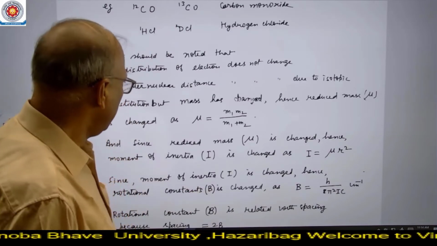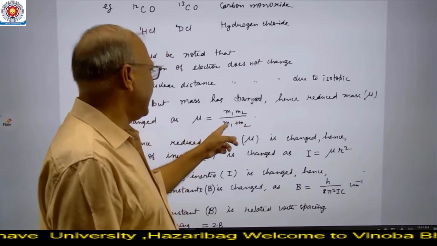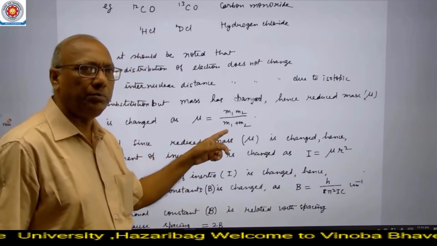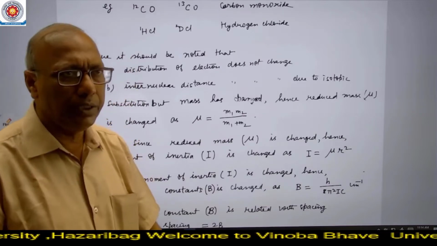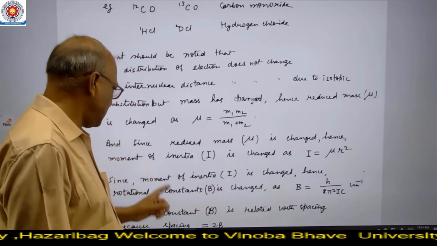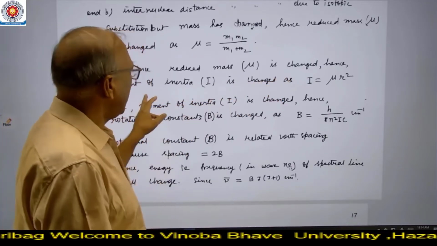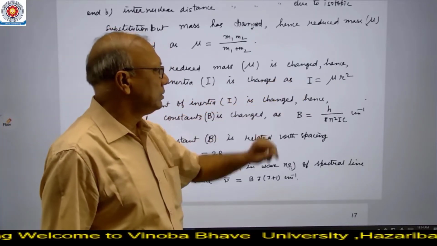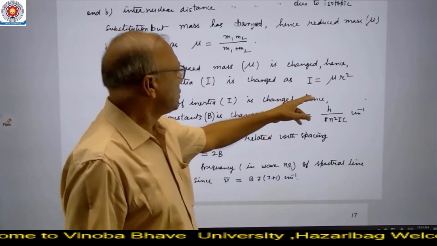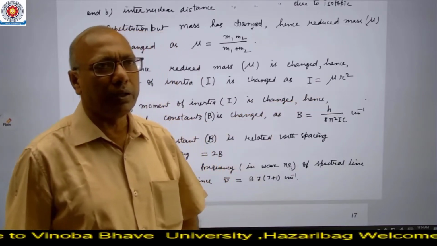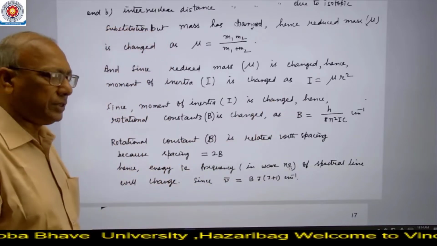Reduced mass is related by the formula m1 m2 by m1 plus m2, therefore reduced mass will also change. Since mu is related with the moment of inertia by I equals mu r square, the moment of inertia will definitely change.